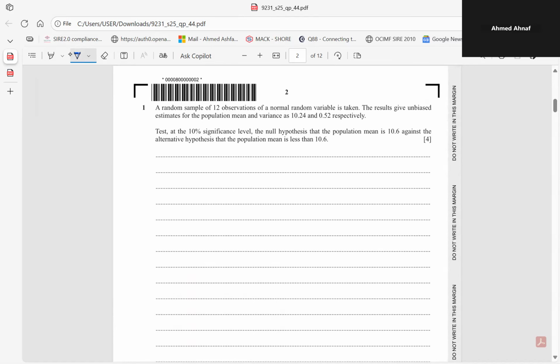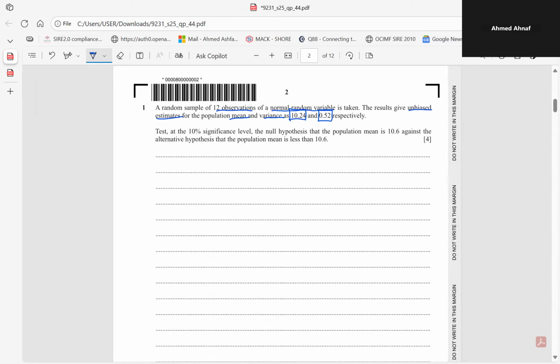Okay, so for the first question, we are told that a random sample of 12 observations of a normal random variable are taken. So this is an assumption, right? The results give unbiased estimates for the population mean and variance as 10.24, the sample mean, and 0.52, the unbiased sample variance estimate, respectively.